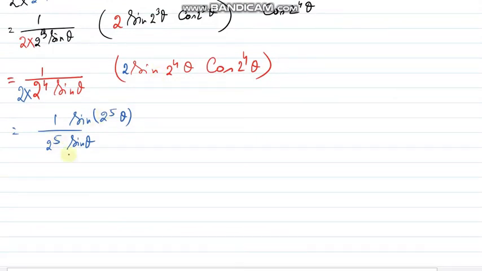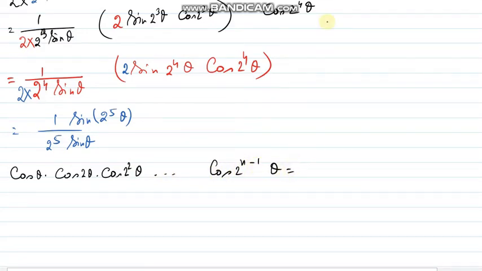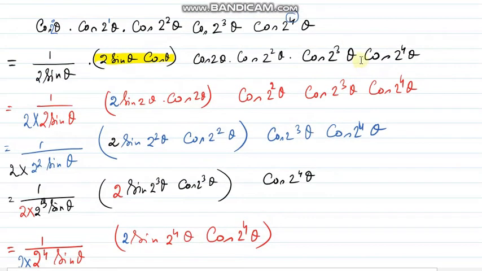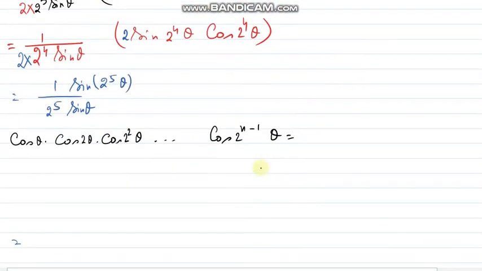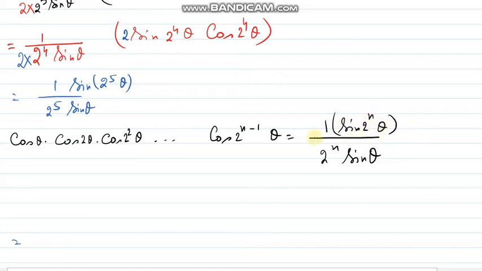So the simplified result, if I generalize the terms cos theta, cos 2 theta, cos 2 square theta till cos 2 to the power n minus 1 theta: when it was till 4, the result was for 5, so for n minus 1, the result will be sin 2 to the power n theta over 2 to the power n sin theta. So there is no point of writing this one, you can just imagine it.